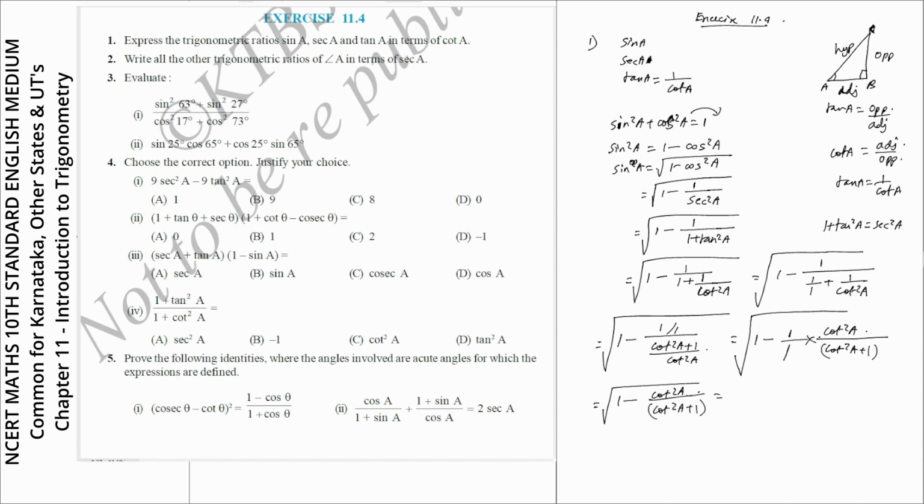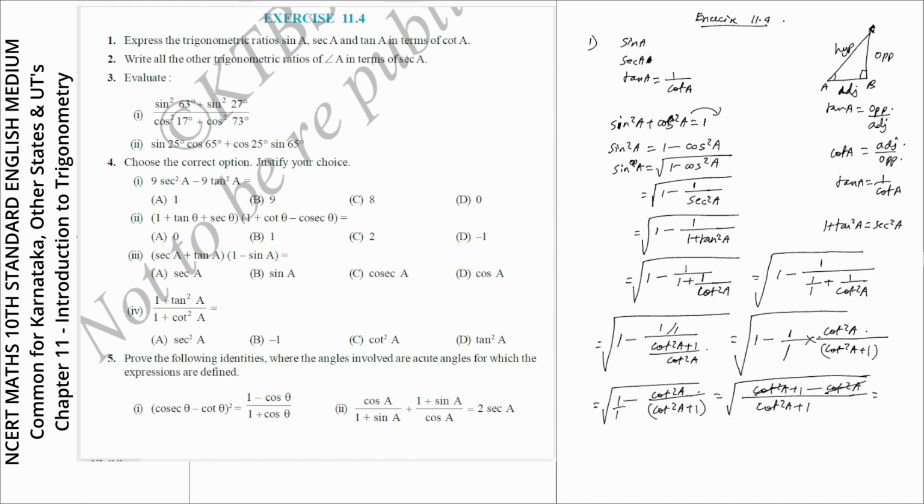Again here I can take the LCM. In the first term 1 means it is 1 by 1. So if I take the LCM, I'll get cot square A plus 1. LCM of 1 and cot square A plus 1 is cot square A plus 1. So I'll get cot square A plus 1 minus cot square A. So here cot square A will get cancelled.